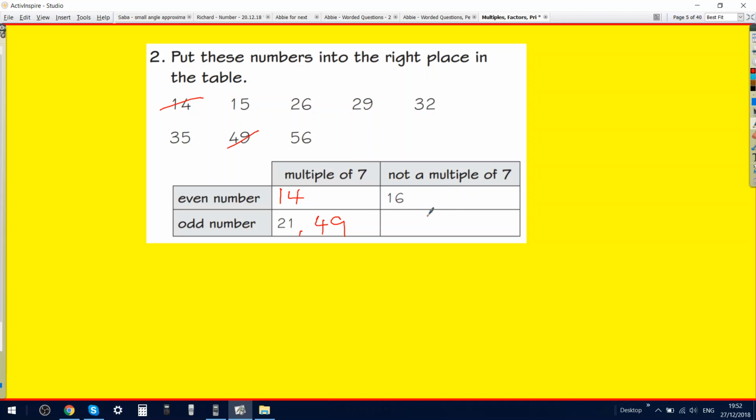Can you find one that will go in the other two that we haven't done? Okay, 15 for a start, because 7 times 2 is 14, and that's the closest we can get. So it would go in the odd number, not a multiple of 7 box.